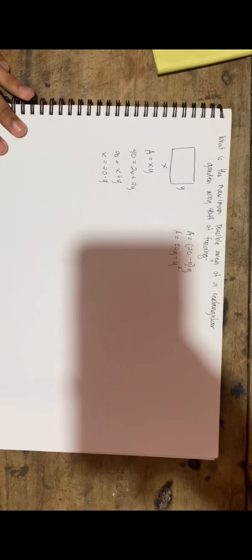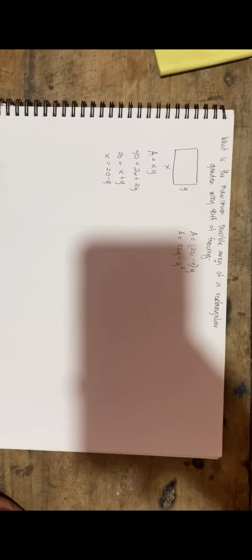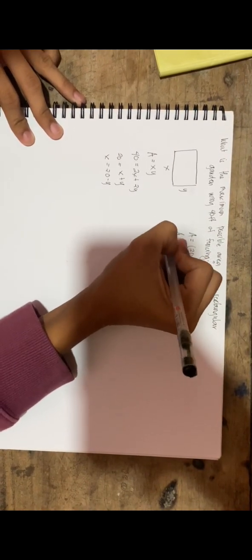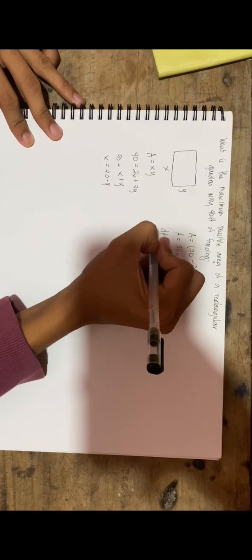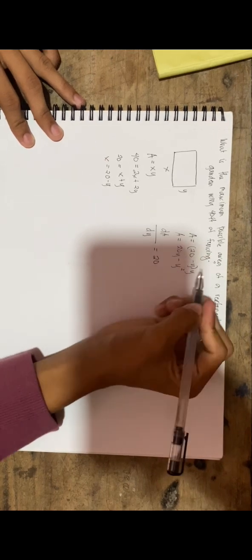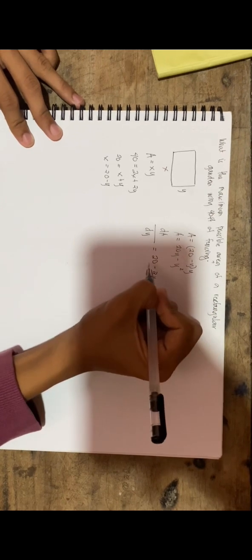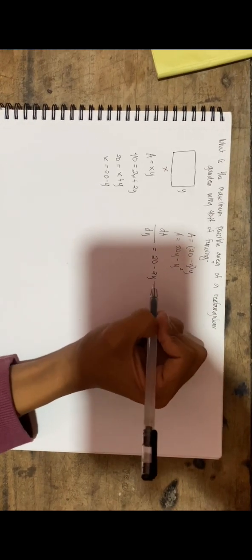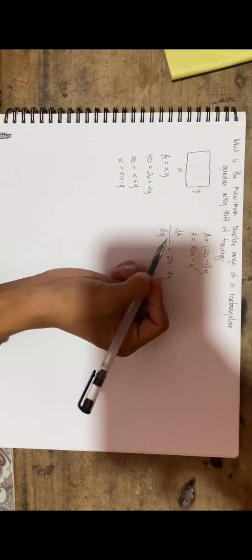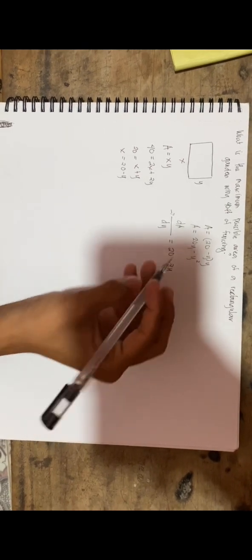Then since we reduced it to one variable, we will get the derivative of the area with respect to y. It is equal to 20 minus 2y. Derivative of 20y is 20, and the derivative of y squared is 2y. Let us equate this to 0.